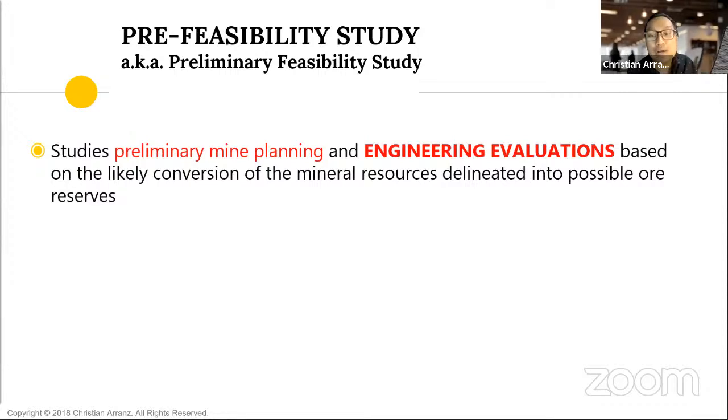And then we look at, okay, dito tayo nag-end. So, we are now going to talk about engineering evaluations. Ang engineering evaluations ay under siya ng pre-feasibility study, okay? Or ng preliminary feasibility study. So, ano ba ang nilalaman ng mga engineering evaluations, okay? So, from the word itself, engineering evaluation should be done by engineers. So, pwedeng mining, pwedeng metallurgical engineers.